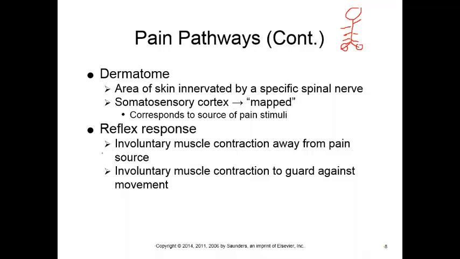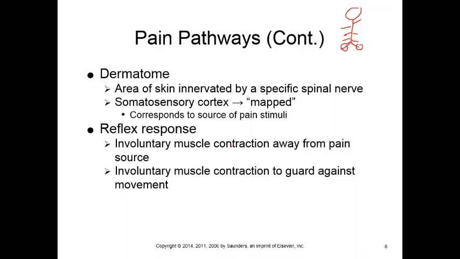Also, when we talk about pain pathways, we need to talk about reflexes. We've been over reflexes before in some of your other classes. A reflex is just an involuntary pathway where the pain receptor sends a signal up to the spinal cord or to the brain, and then a signal goes back down to the muscle. That muscle is going to contract to try to move your hand.